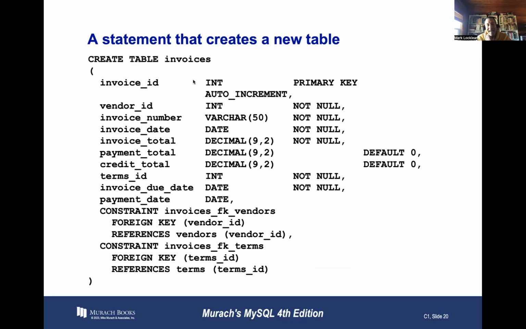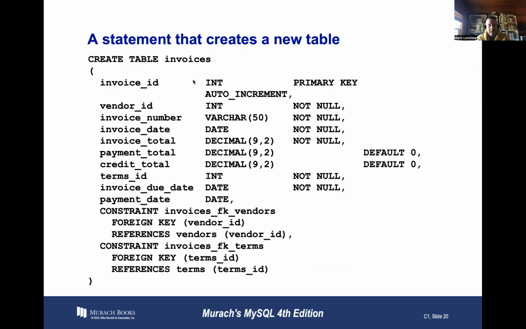And then notice auto increment is going to be set. What that means is, in this case, it's just going to start at 1. So the first entry that's made into the invoices table is going to have an invoice ID of 1. And then the next one's going to be 2, 3, 4, and so on. I won't cover all these, but you can see the other columns and the specific configuration associated with them.